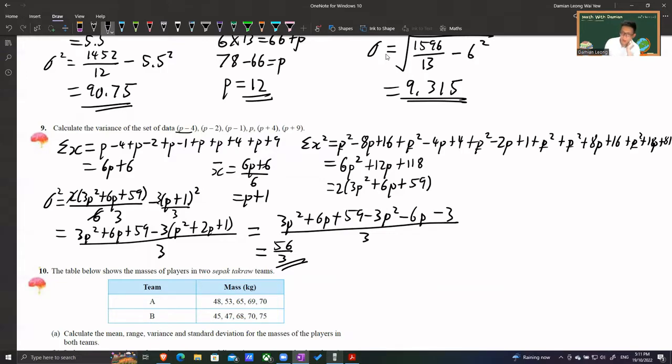Square each of these values, expand it, add all together, simplify, then put it into the formula, simplify again, combine it into one fraction, simplify again, then you will get 56/3.